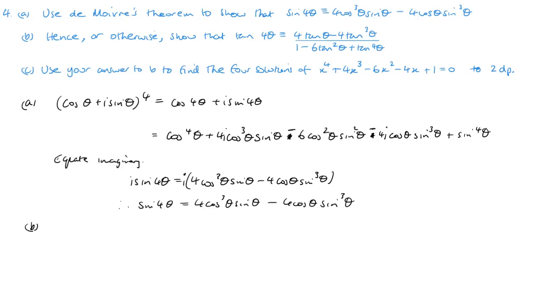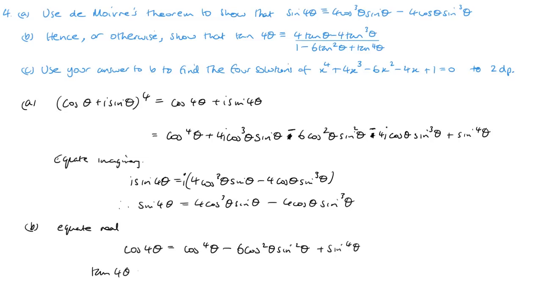Now part B is hence or otherwise. Now tan 4 theta is going to be sine over cos. So we also need to actually equate real parts. So that gives me that cos 4 theta is, now the real parts is cos to the power 4 theta minus 6 cos squared theta sine squared theta plus sine to the power 4 theta.